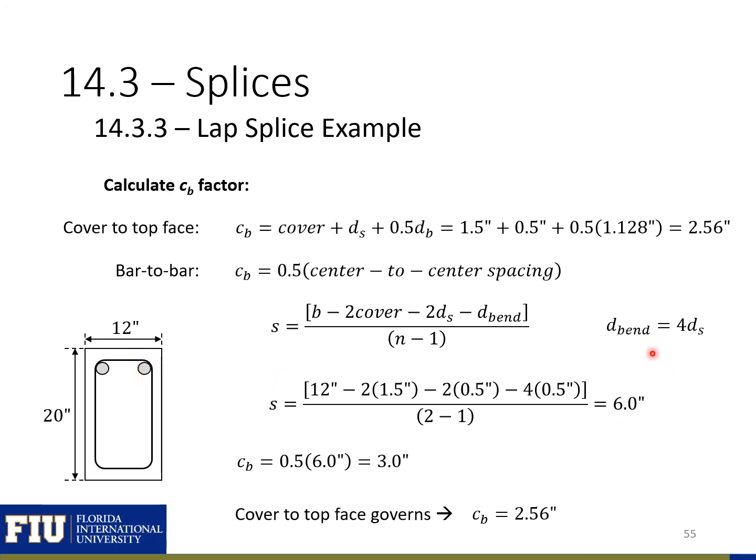The diameter of our bend is 4 times the diameter of our stirrup, so 4 times 0.5. We divide all that by the number of bars minus 1, which equals the number of spaces. So 2 minus 1 is 1 space, and we get a center to center spacing of 6 inches. Half of that is 3 inches. So we can see that the cover to top face controls, and our cb here is equal to 2.56 inches.